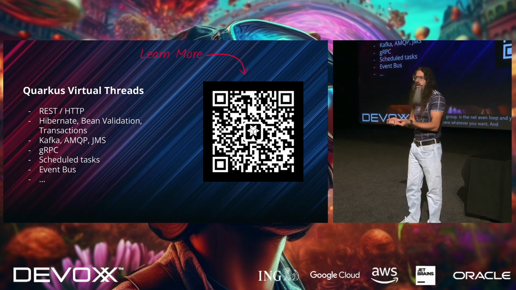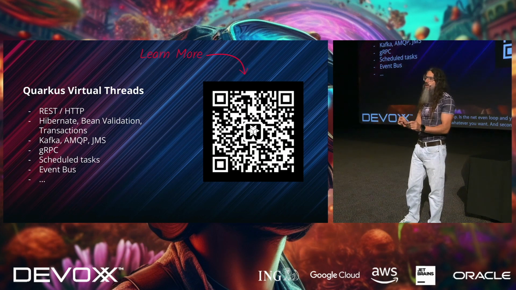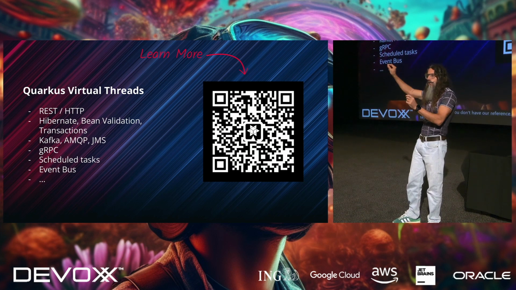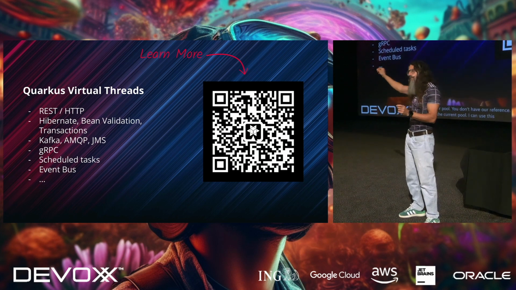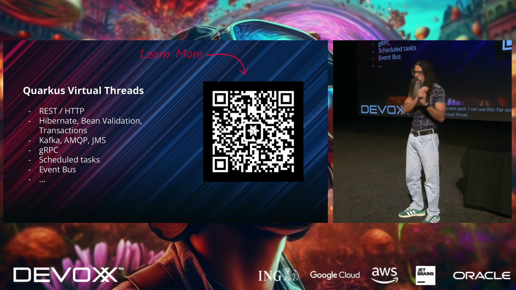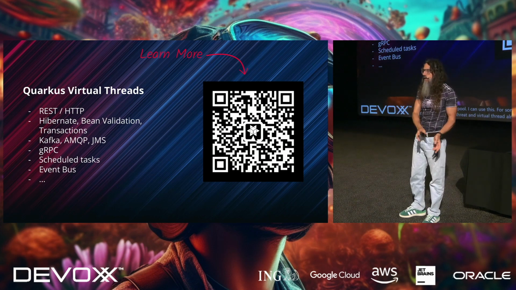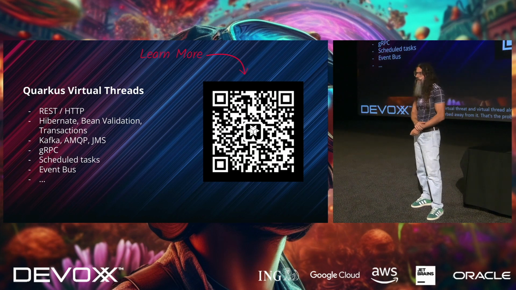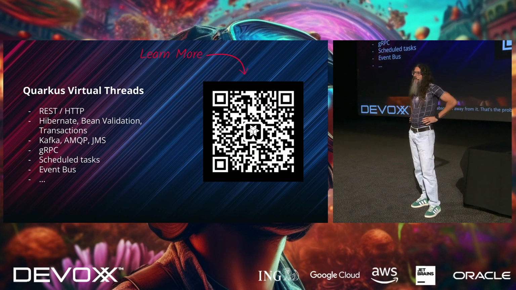And second, you don't have access to the carrier pool. You don't have a reference. You cannot say, this is the carrier pool, I can use this for something else. It's private for virtual threads and virtual threads only, and you are totally abstracted away from it. That's the problem. Anyway, it's two different schedulings: that scheduling versus the ForkJoin scheduling.